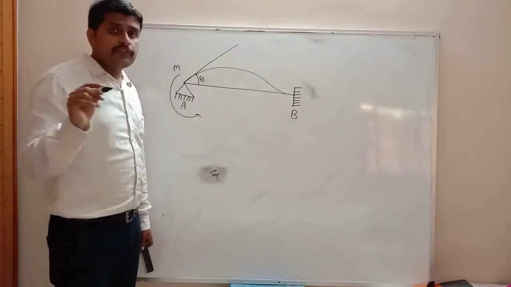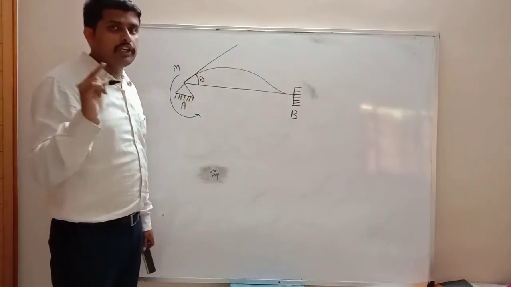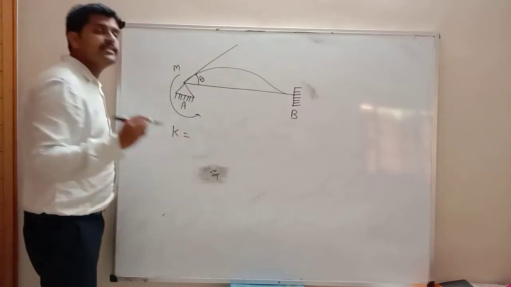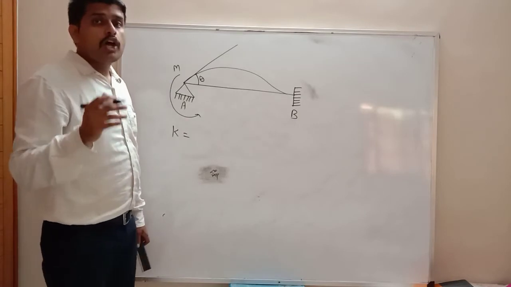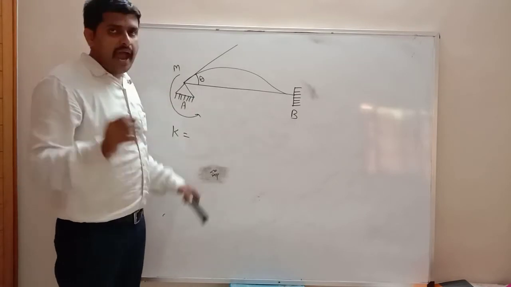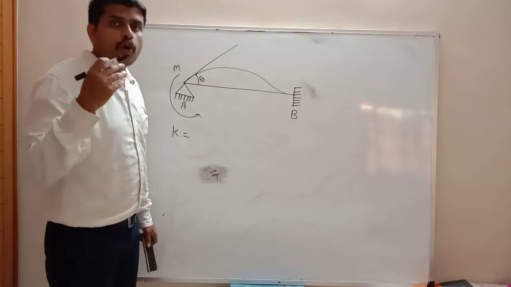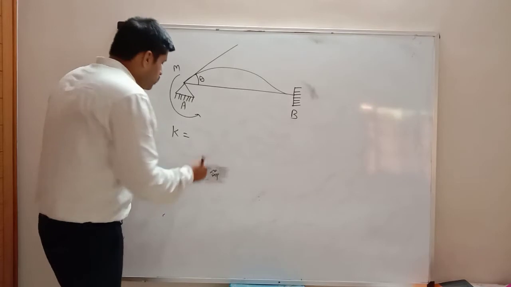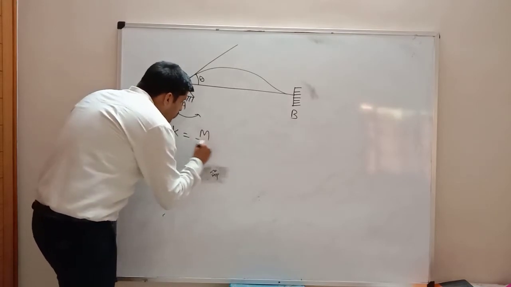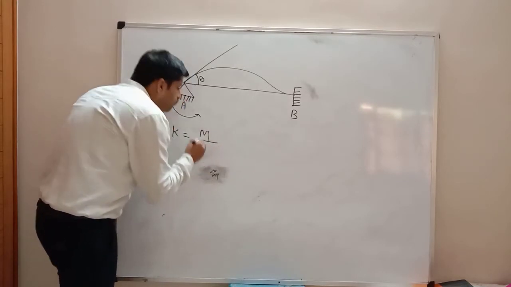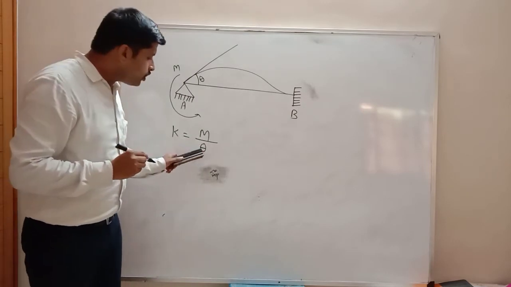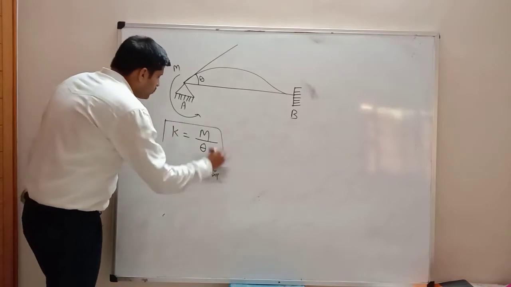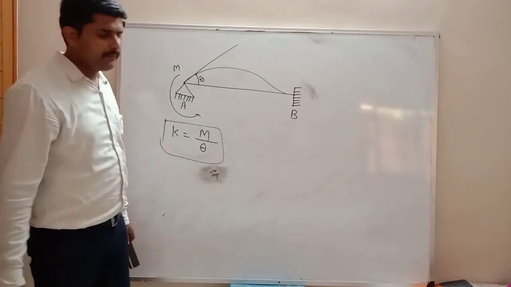So stiffness, which we will denote as K, is defined as moment applied at a joint to cause unit rotation at that joint. So K is nothing but ratio of moment applied to the unit rotation, which we call stiffness.